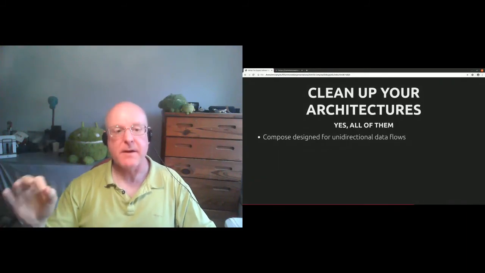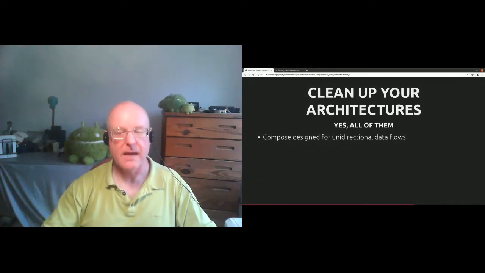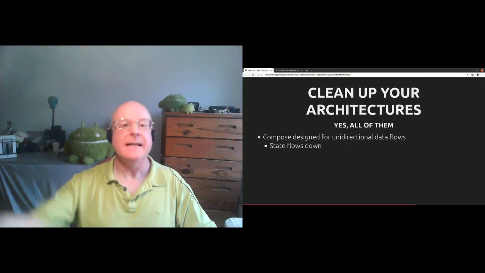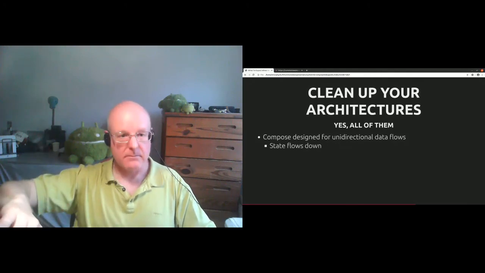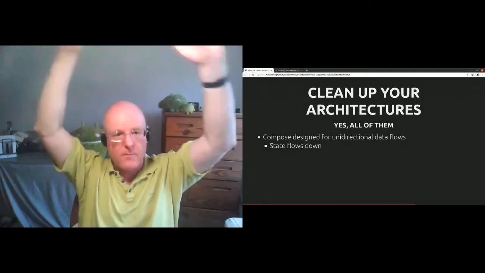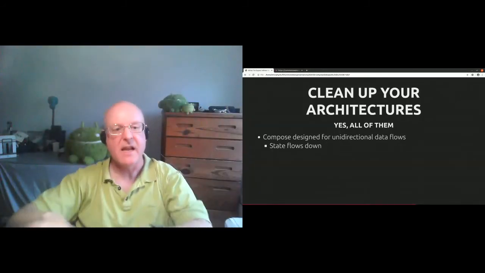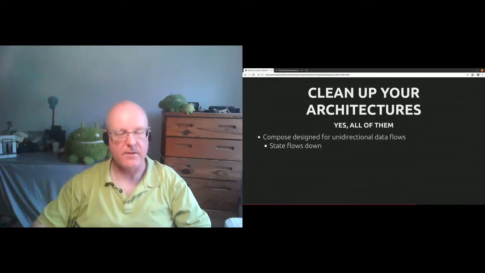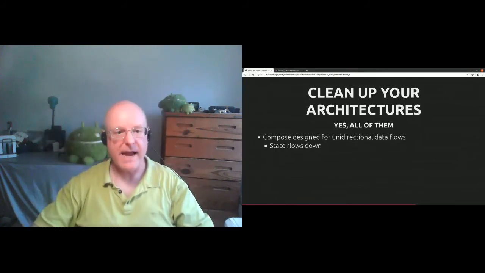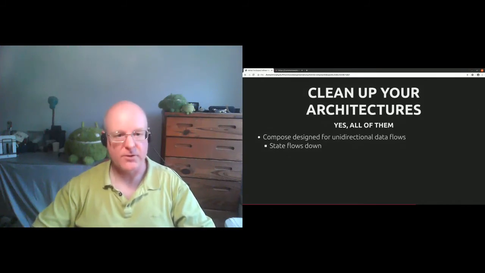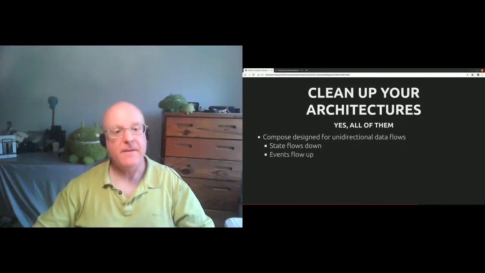Its focus is primarily on unidirectional data flows, however you want to organize that. State tends to flow down. And so we've got view models, other high-level stuff that's calling functions that are parceling out bits of state that those functions need to be able to render themselves, where all of that stuff is reactive, and so those functions can get re-executed, re-render those portions of the UI when needed, and events flow up.